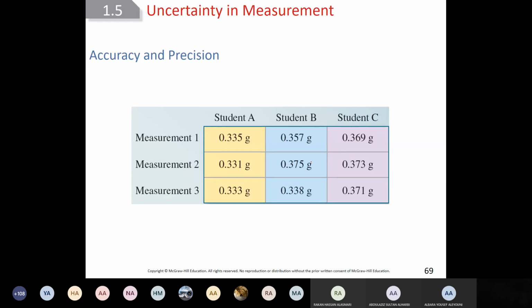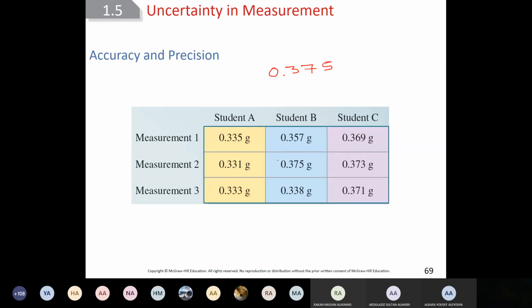If the answer is 0.3, if I give you this, we have 3 students giving measurements for something, all right? And I know the correct answer to be 0.375.